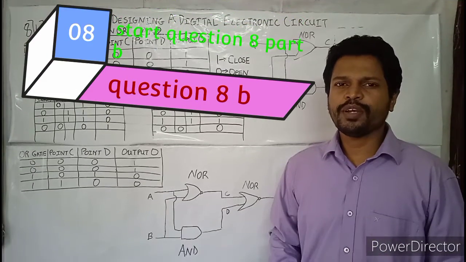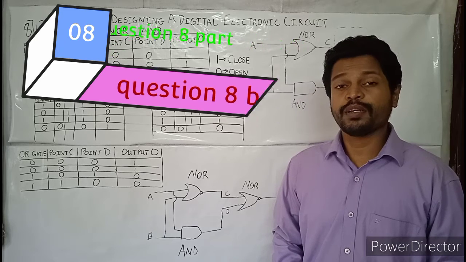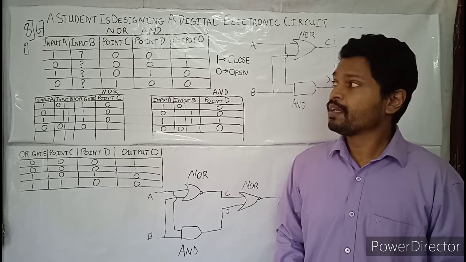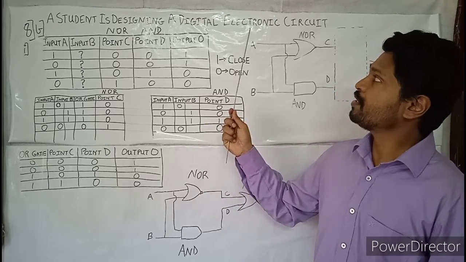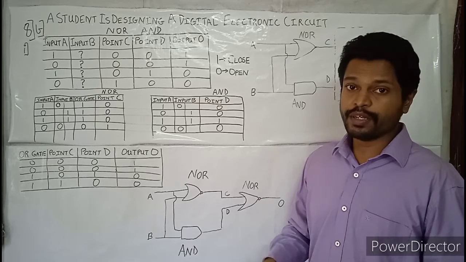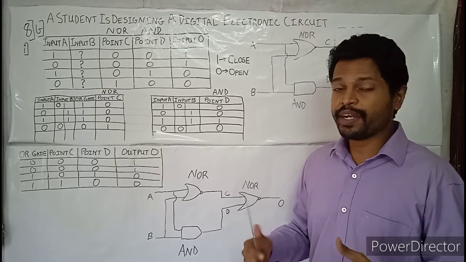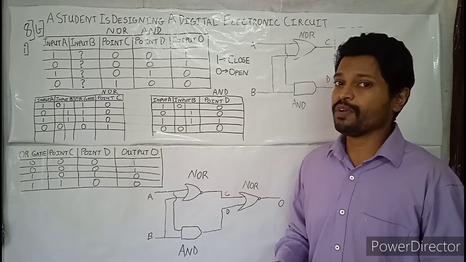Hello students, today we will be explaining question 8 B part. In the 8th question, the B part, a student is designing a digital electronic circuit. In the circuit, what all things will come? AND gate, NOR gate, other gates, all logic gates will come.